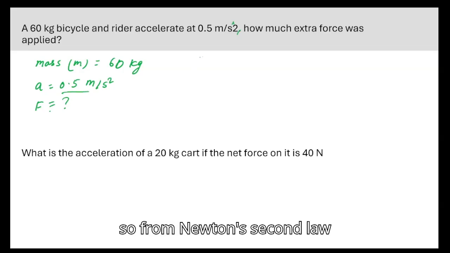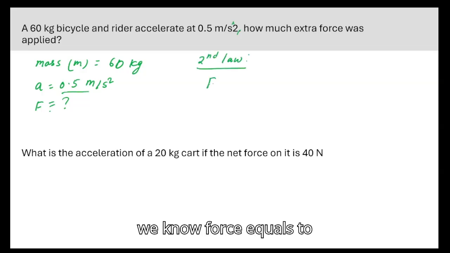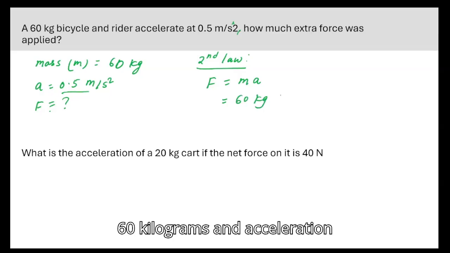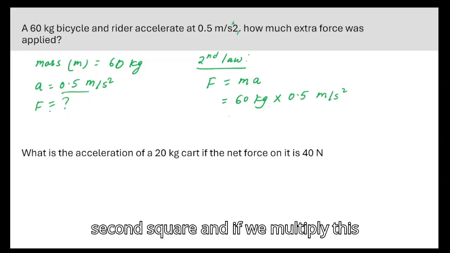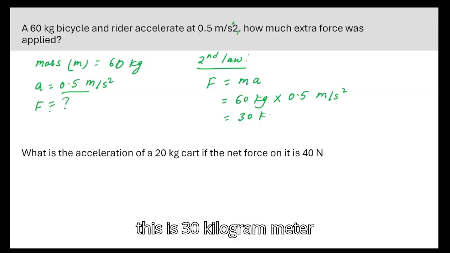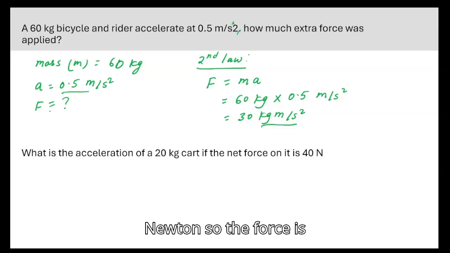So from Newton's second law, we know force equals mass times acceleration, and the mass is given 60 kilograms and acceleration is 0.5 meter per second square, and if we multiply, this is 30 kilogram meter per second square. This is called Newton, so the force is 30 Newton.